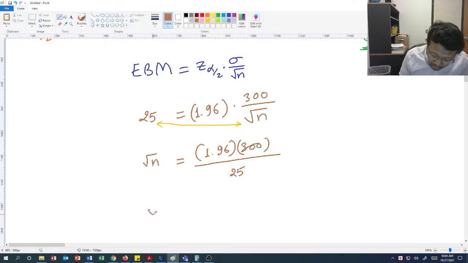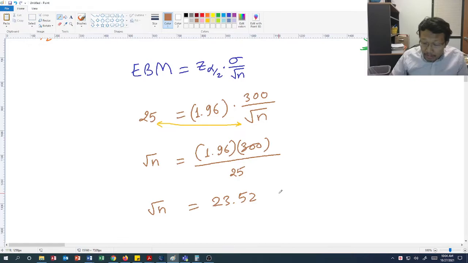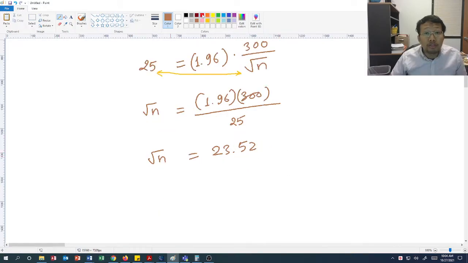So root n equals 23.52. Then next we need to square both sides.